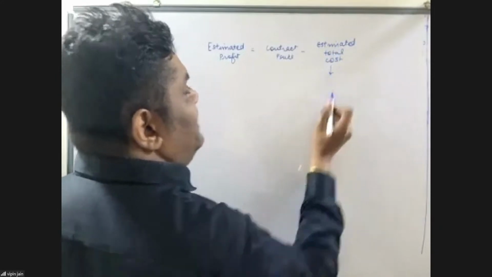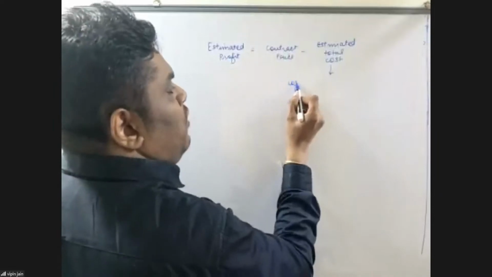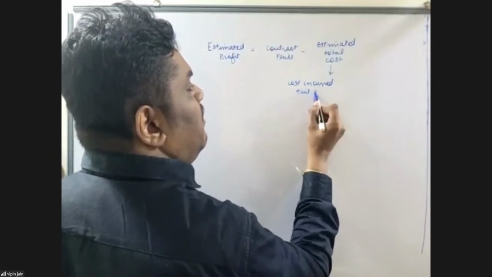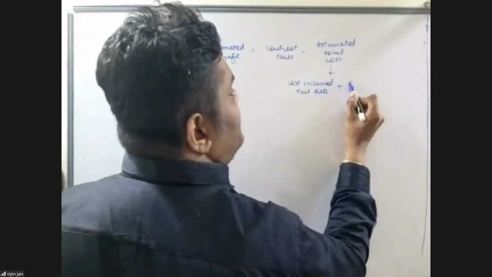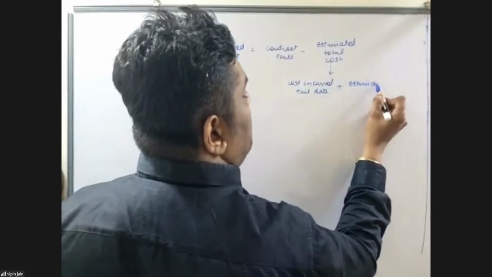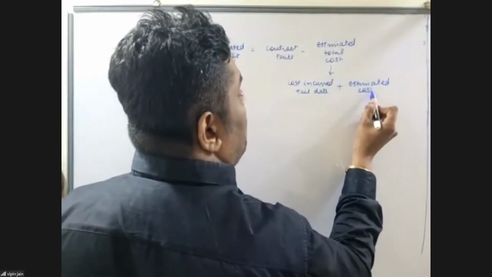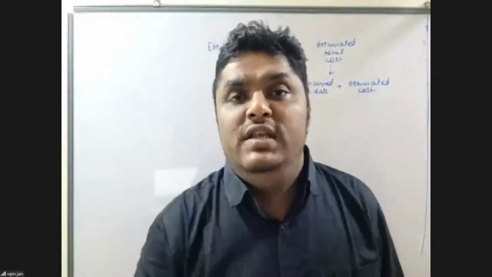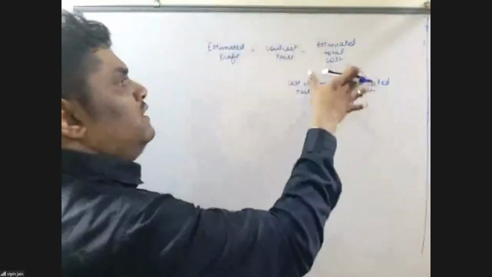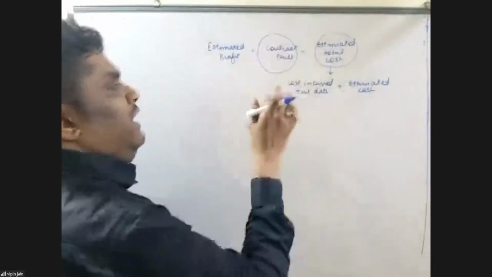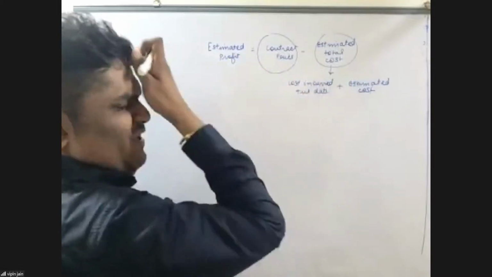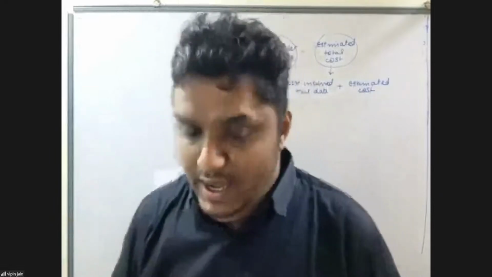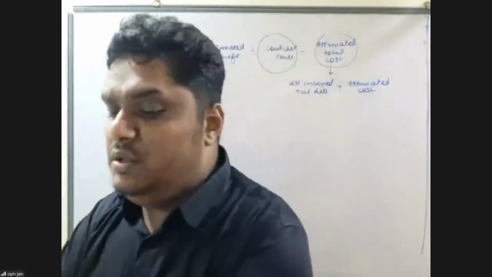When talking about estimated total cost, it means cost incurred till date plus estimated cost. The cost that has been incurred till now, plus the cost that is going to be incurred further ahead, the total of that is the estimated total cost. If we subtract the estimated total cost from the contract price, we will get the estimated profit. I request you guys to please copy this explanation.